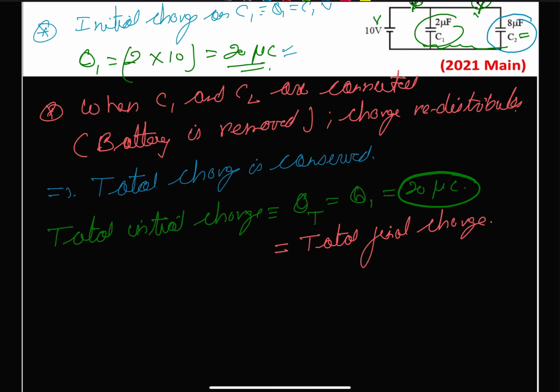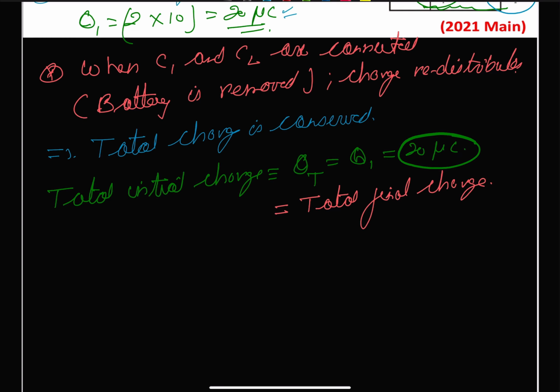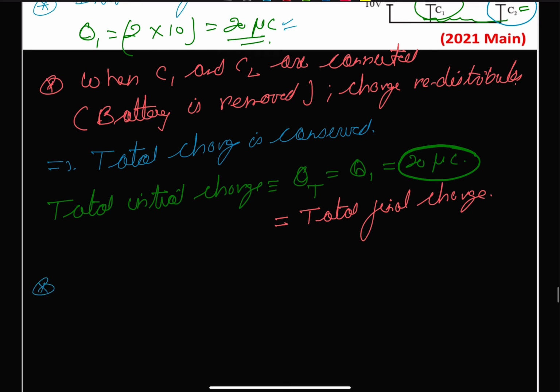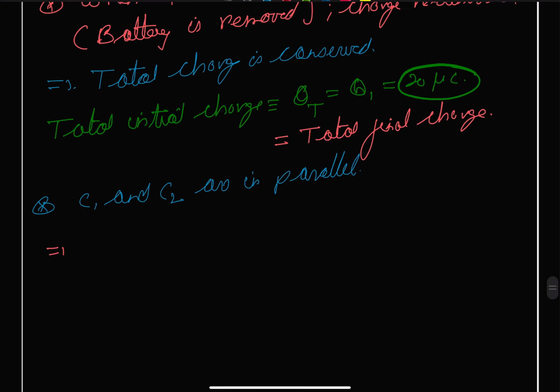Therefore, now both C1 and C2 are in parallel. Therefore, we can find out equivalent capacitance. Let us suppose that our C will be equal to C1 plus C2.